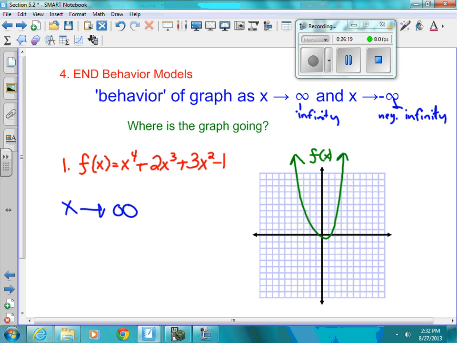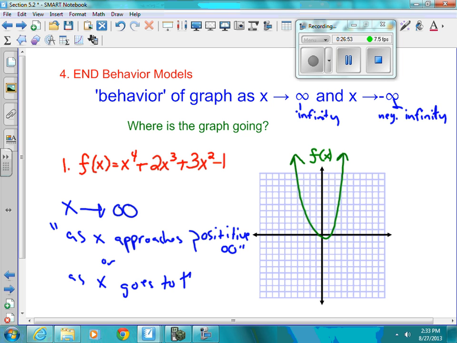So x arrow infinity, what does it mean in English? As x approaches positive infinity, or as x goes to the right.